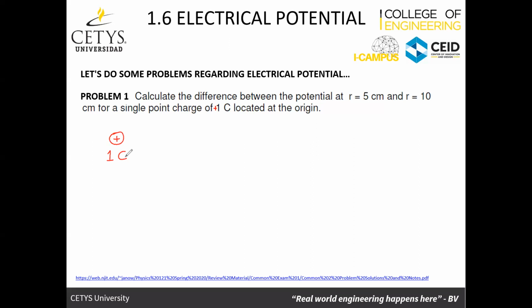And we want to analyze the potential at two distances. One, which I'm going to call point A, is located at a 5 centimeter distance. And then there's another point B that's 10 centimeters away. And we want to know the difference in potential between those two.